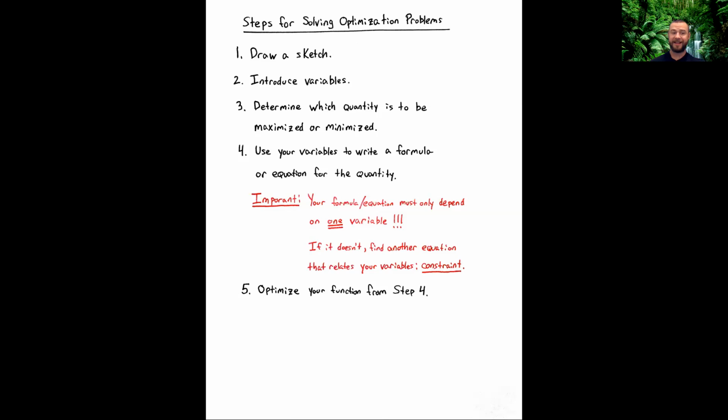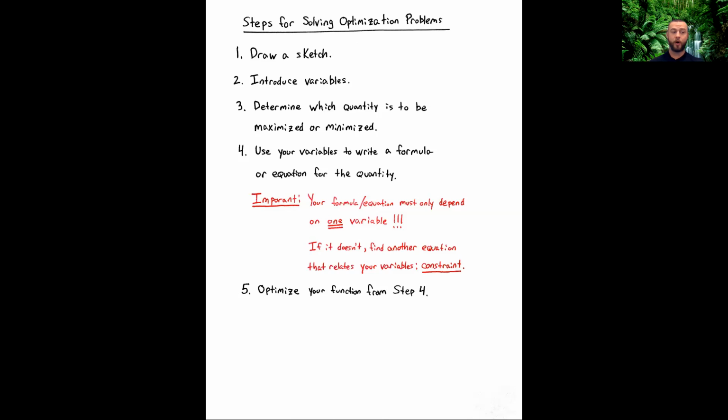This is just a technical term. A constraint is basically any equation that relates your variables together. So if you have more than one variable in your equation or formula, find another equation that you can solve for one variable in terms of the others, and plug it into your formula to get it down to a single variable.